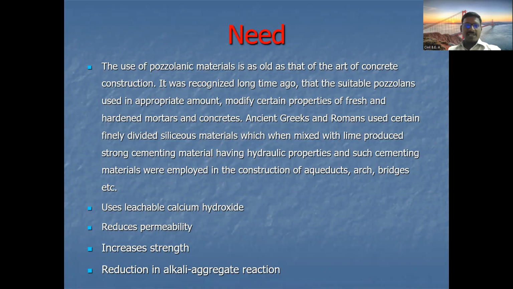Water is a main mixing material for the cement, sand, and aggregate. If we add the water into the concrete, the mixture becomes homogeneous, and the alkali aggregate reaction takes place. That alkali aggregate reaction is reduced if we add the pozzolanic material. So keep in mind, when pozzolanic material is used as an admixture in the concrete, we can reduce the permeability of concrete, increase the strength of concrete, and reduce the alkali aggregate reaction also.